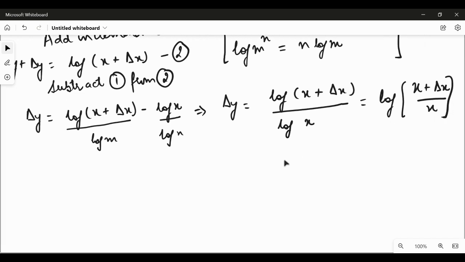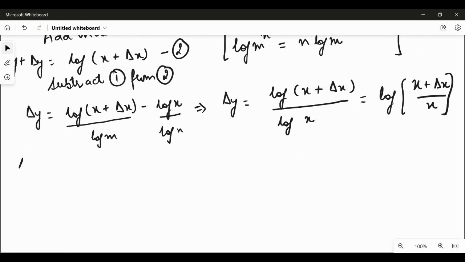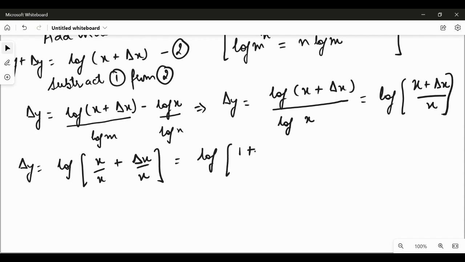From here, delta y is equal to, I think you know this, that I can write it in this way: log of x plus delta x divided by x, and what I will get is log of 1 plus delta x divided by x, right? I hope it is clear till now. It's very simple.